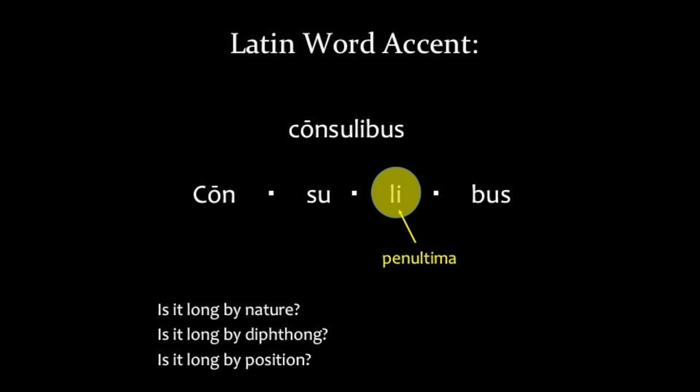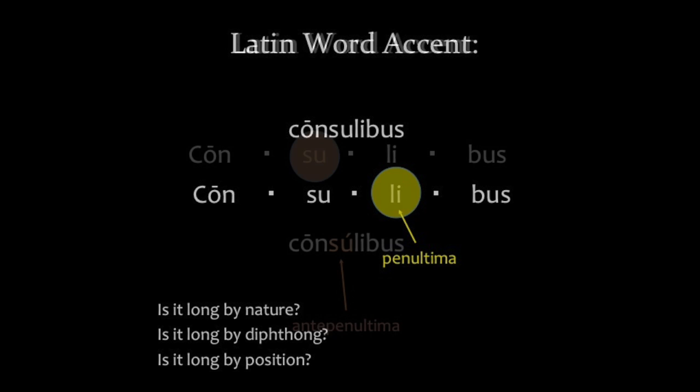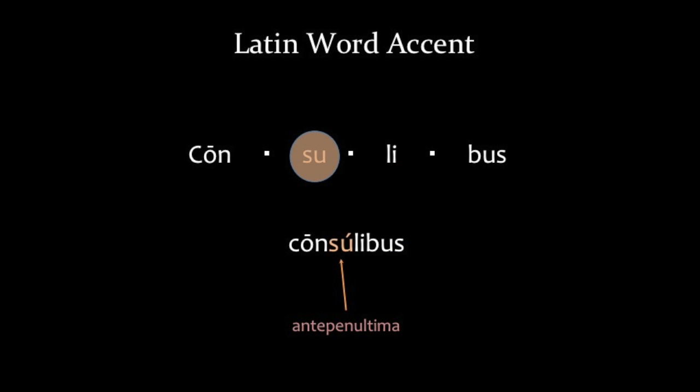Is it followed by two consonants? No, it's only followed by a single B. Therefore, this penultimate syllable is short. So you accent the su. Consulibus. Therefore, the accent goes on the antepenultima, the third from the end.